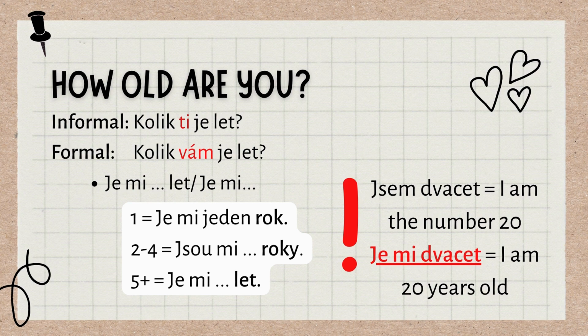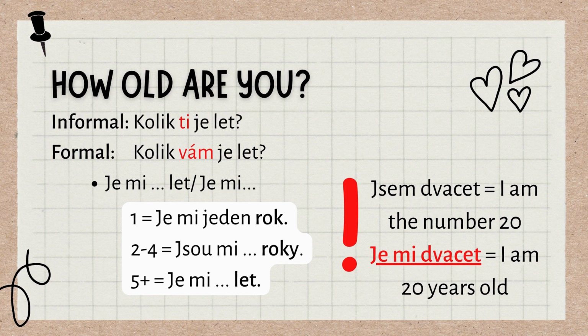If you are 1 to 4 years old, there's another exception. Yes, these are our favorite in this language. You say je mi 1 rok. Jsou mi 2 roky. Jsou mi 3 roky. Jsou mi 4 roky. And then it continues just like I said. Je mi 5 let.